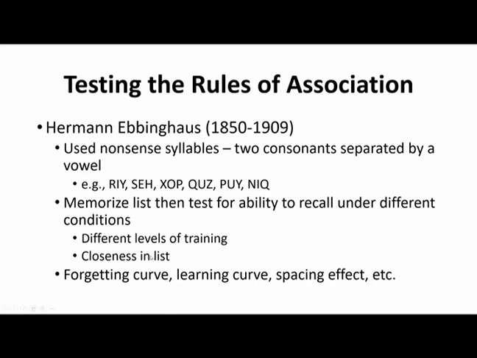And closeness in list: did he remember nonsense syllables that were in close proximity to one another in the list or not? If he was given this word, could he remember the one that came next? Could he remember the one that came before? All sorts of different tests of his memory.